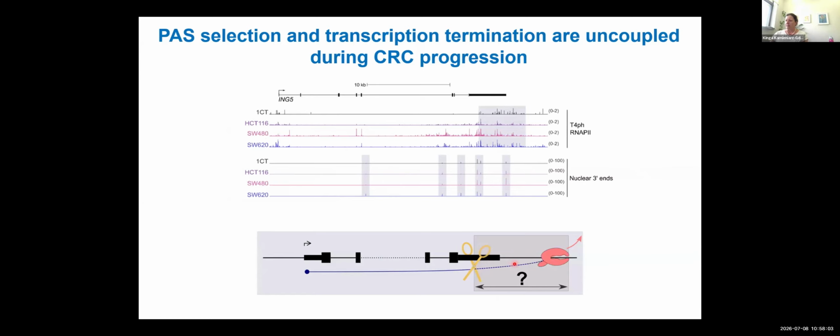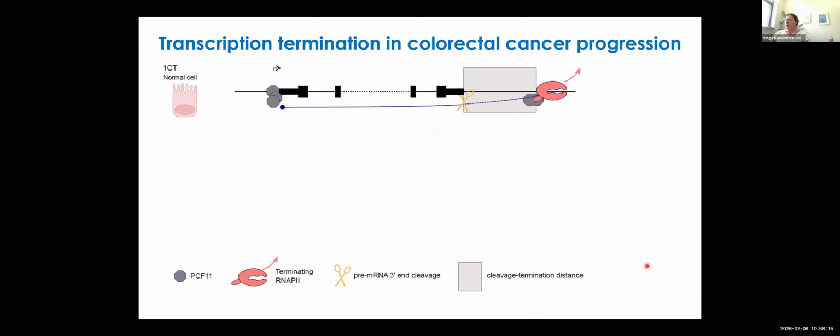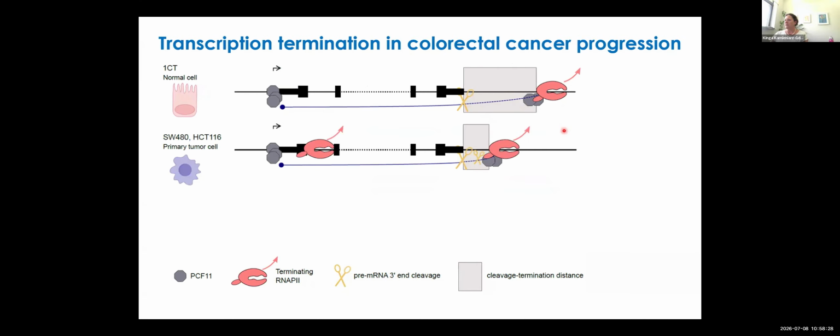So basically, we don't see a unidirectional change. We see that there's something happening in both directions, or actually we see changes in opposite directions. In particular, in cells from healthy epithelium, we have cleavage and termination occurring at a certain distance to each other.